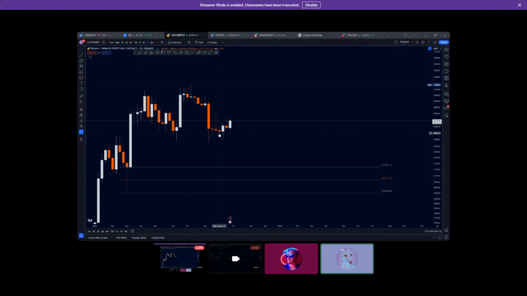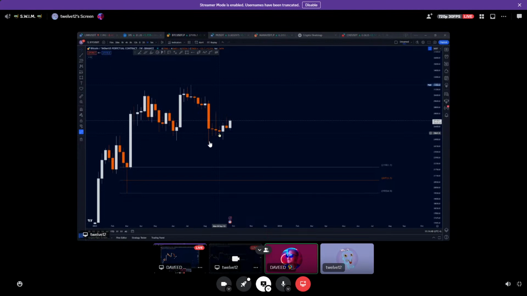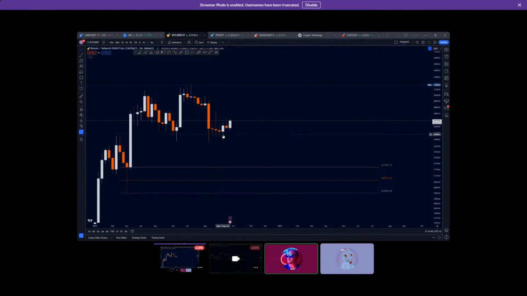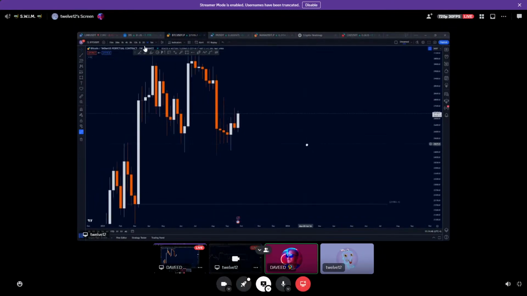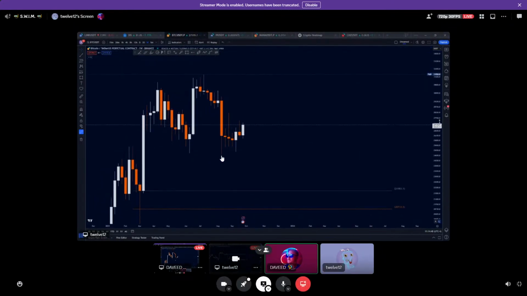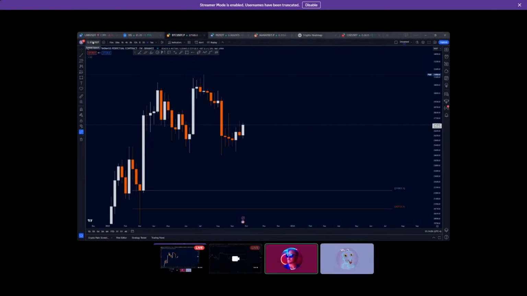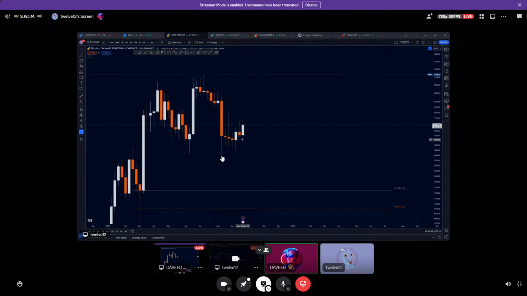This candle's close is 25800. What chart are you on? Perpetual futures on Binance? Go to a different chart, because only the perps set a new low here. If you go to a spot chart, you will not see a new low.